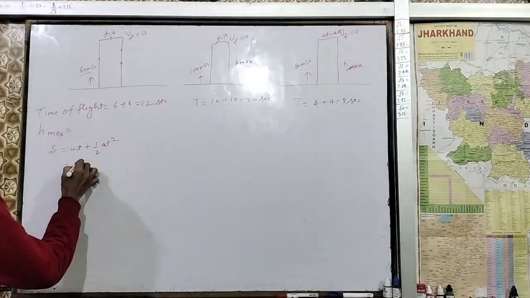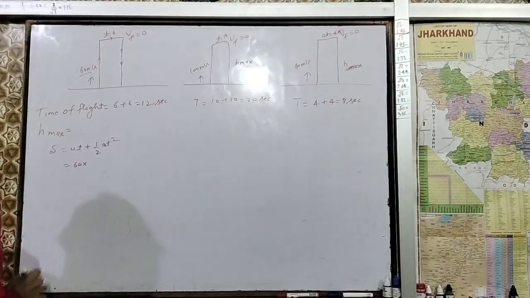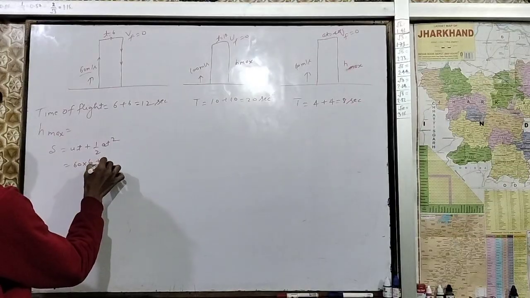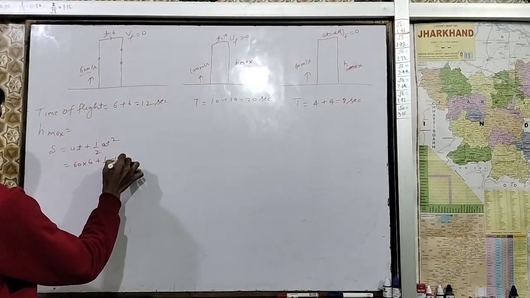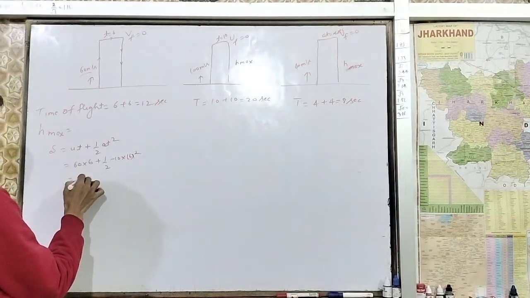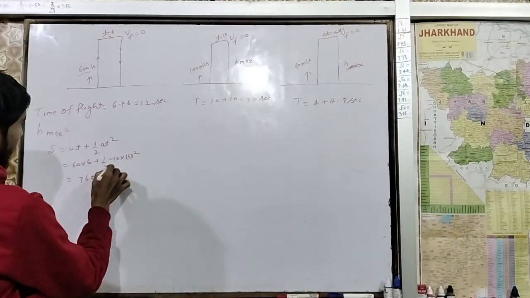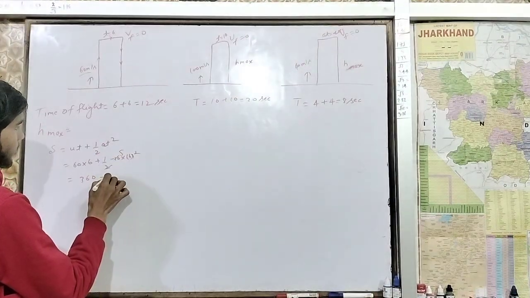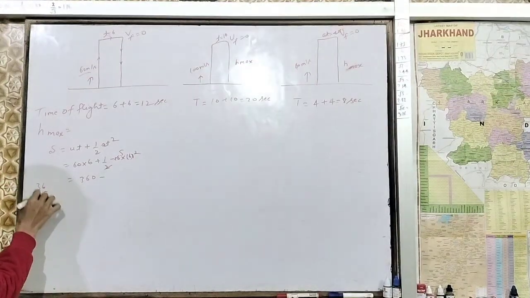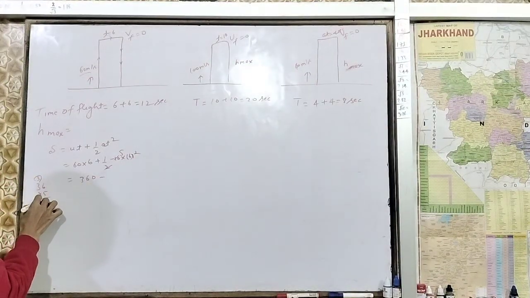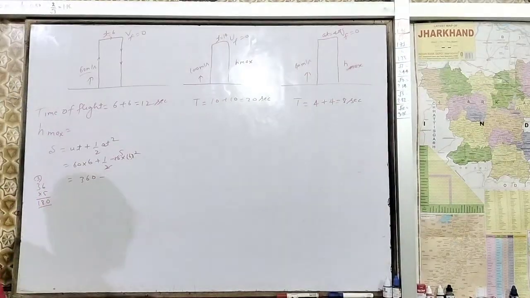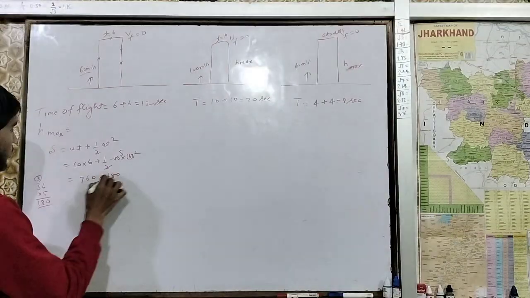U is 60, multiplied by t, which is 6, plus 1 by 2, a is minus 10, 6 raised to power 2, 36. 5 times 36 is 180.